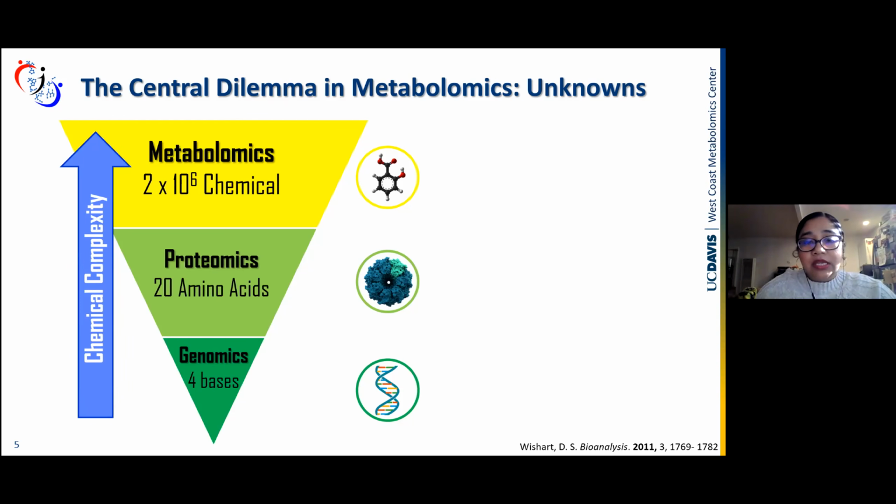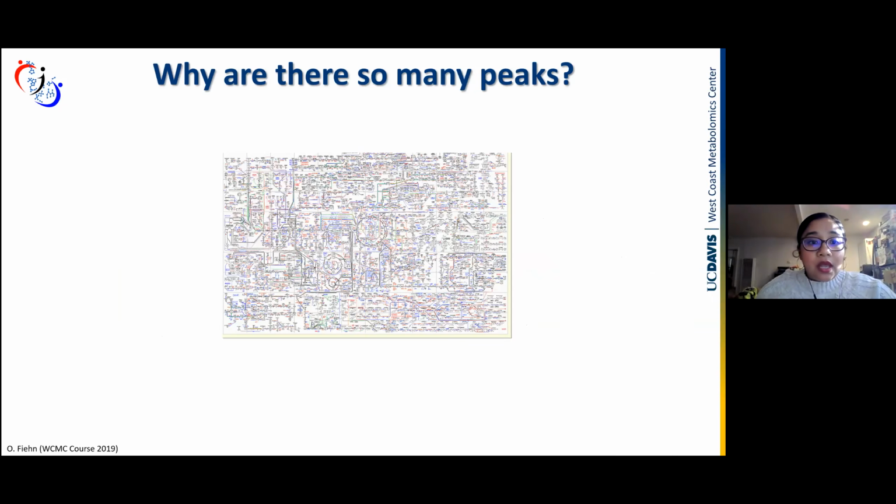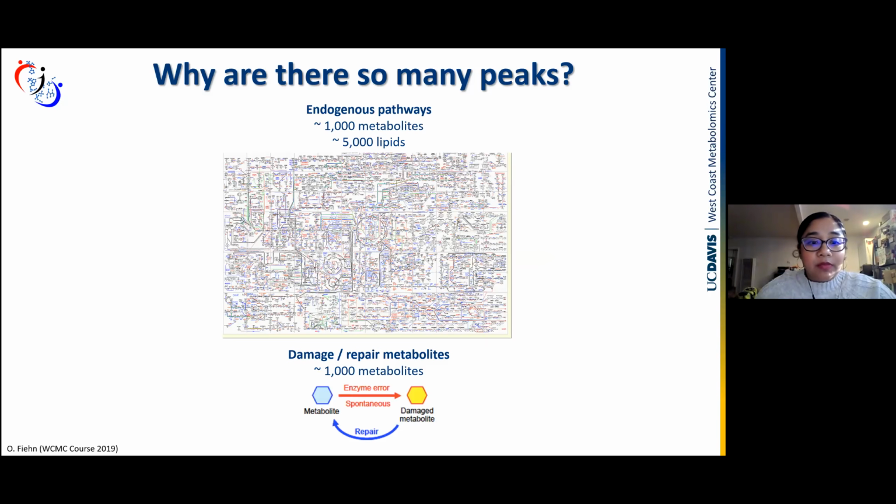And normally in many data sets that we analyze here at the Metabolomics Center, 80% of compounds are unknown. So it's a huge bottleneck that we deal with every day. When you think about why there are so many peaks, or why there are so many unknown compounds, you might picture a very simplistic pathway map like so, but there are actually many compounds coming from damage repair metabolites, for example.